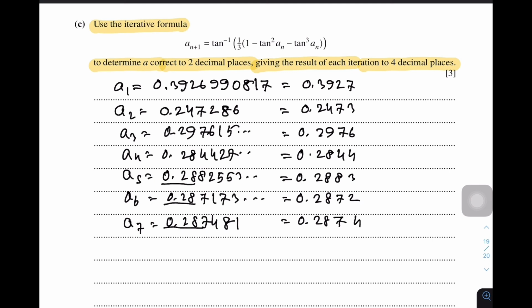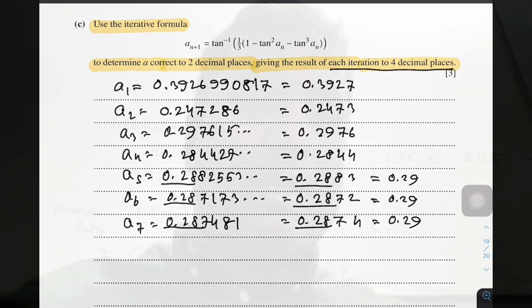So let me check. 0.29 here, check here, 0.29, 0.29. So each iteration is 4 decimal places and determine a correct.